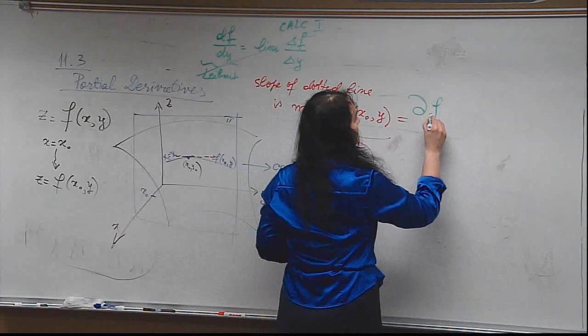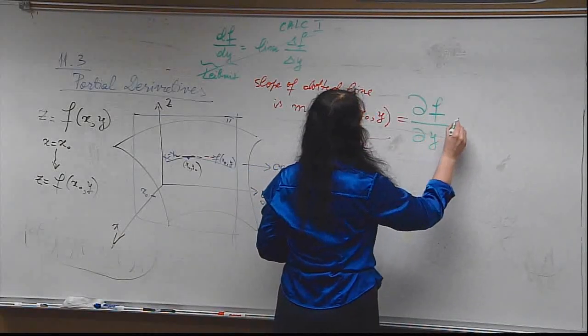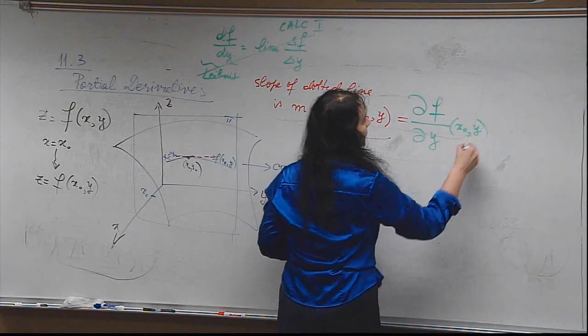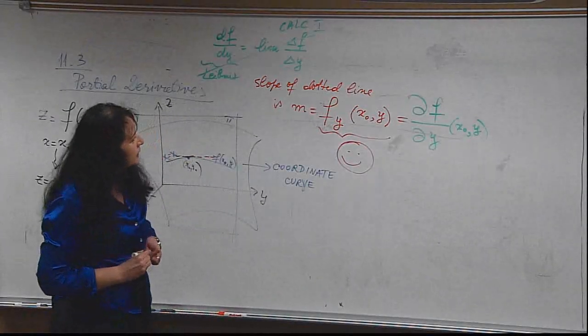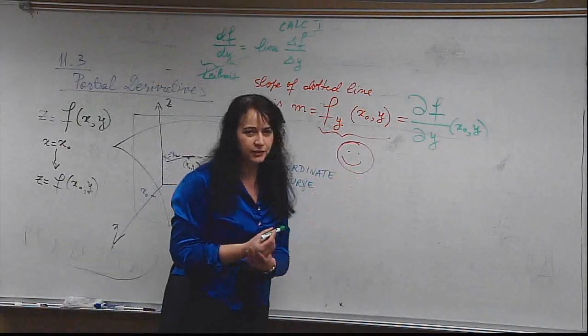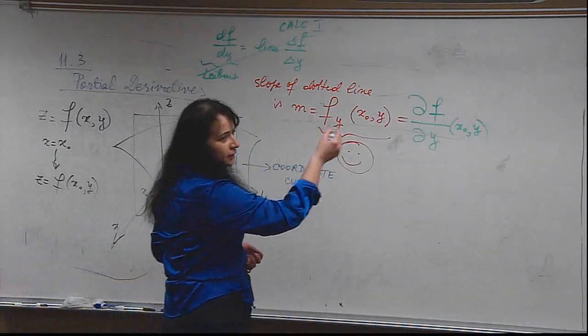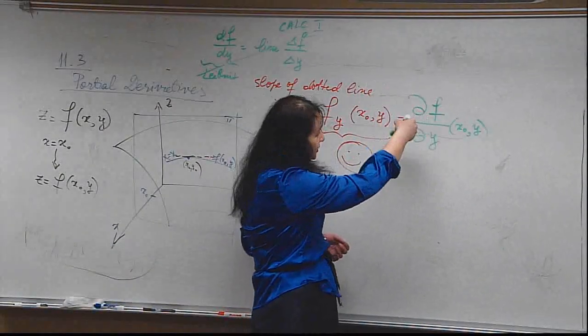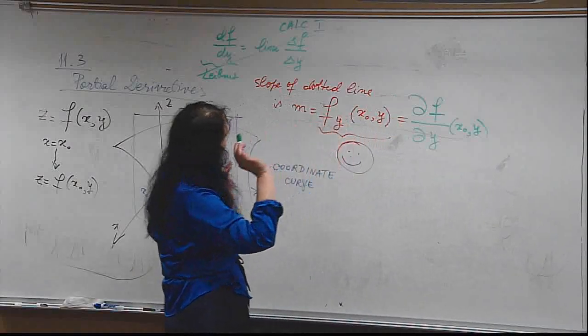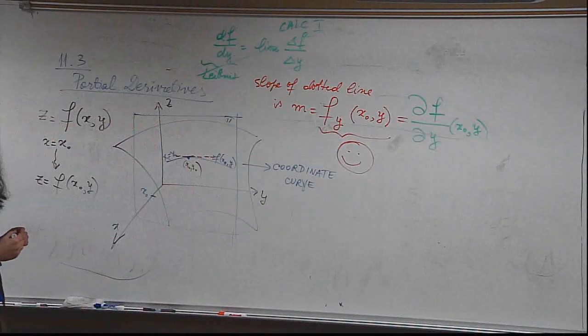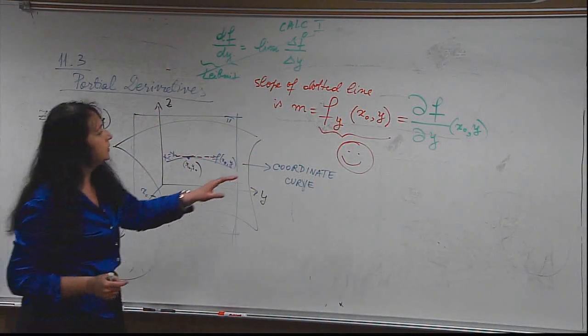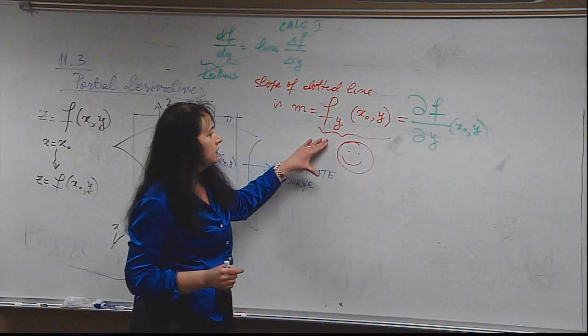The del f del y at x0, y0. When I was 18 and saw this the first time, I had the hardest time making this sign. It's all in the wrist. It's very hard. Okay, now, if you don't like df dy, then you can adopt this notation.